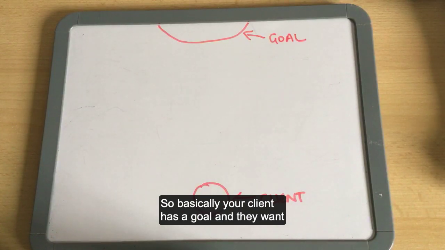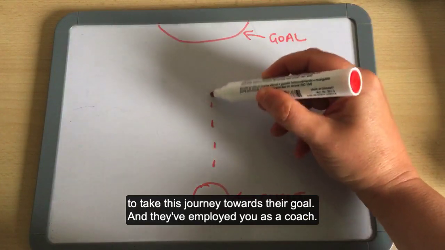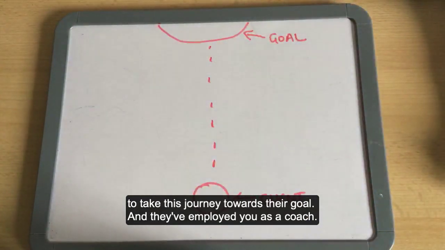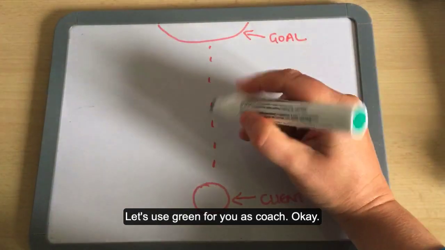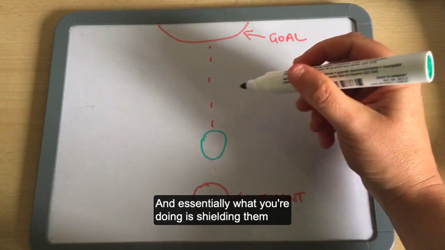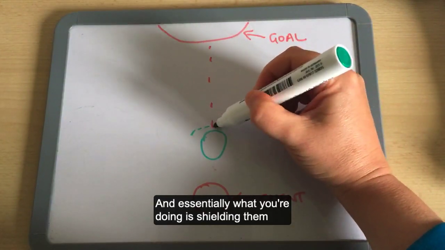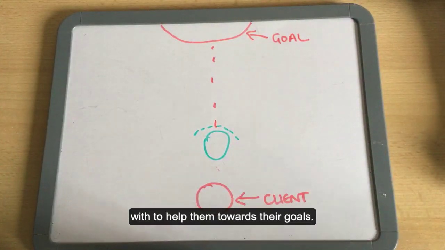So basically your client has a goal and they want to take this journey towards their goal, and they've employed you as a coach. Let's use green for you as coach. And essentially, what you're doing is shielding them from all the information that they need to get involved with to help them towards their goal.